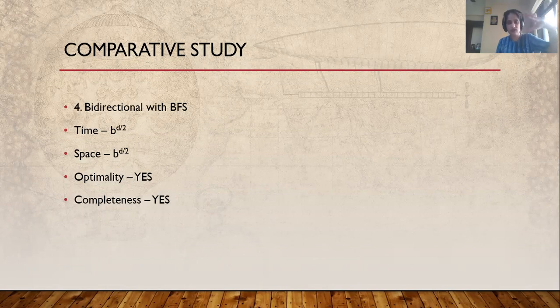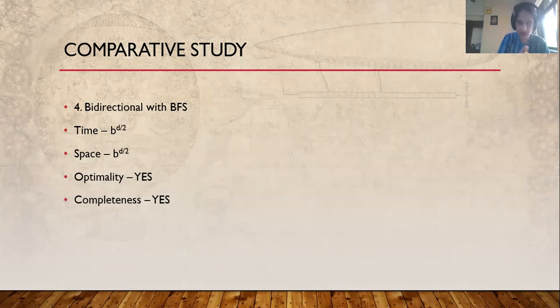So for bidirectional search, the time taken will be d by 2 and the space taken will be d by 2, provided both searches work in parallel, sharing the same resources and the same space for searching. And the optimality and the completeness are always going to be yes for them.